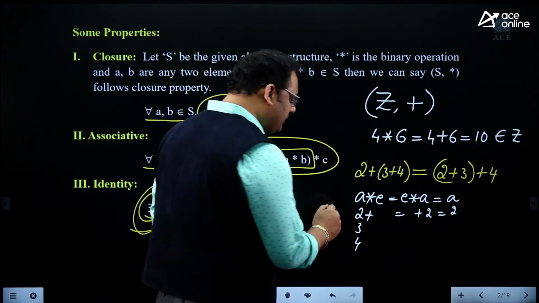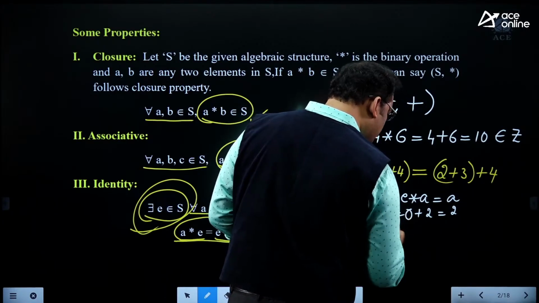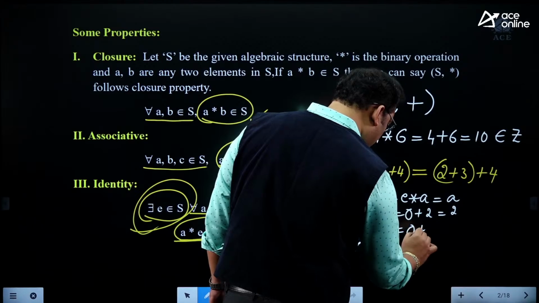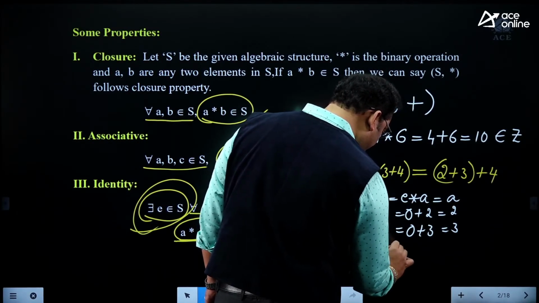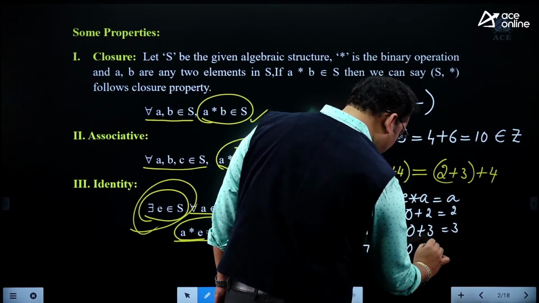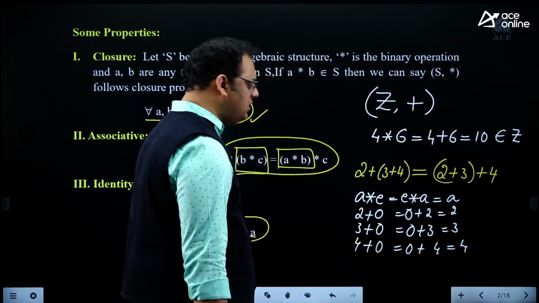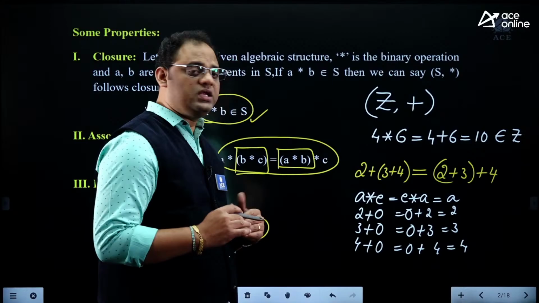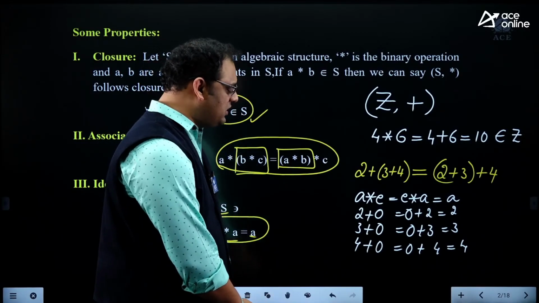Right, sir? 2 plus 0 is the same as 0 plus 2, which is 2. And 3 star 0, 0 star 3 is 3 again. 4 star 0, 0 star 4 equals 4 again. My dear, I hope you got the idea. A star E equals E star A equals A, for every A, for every integer.